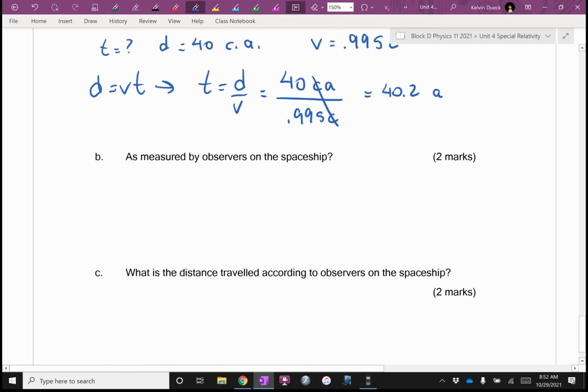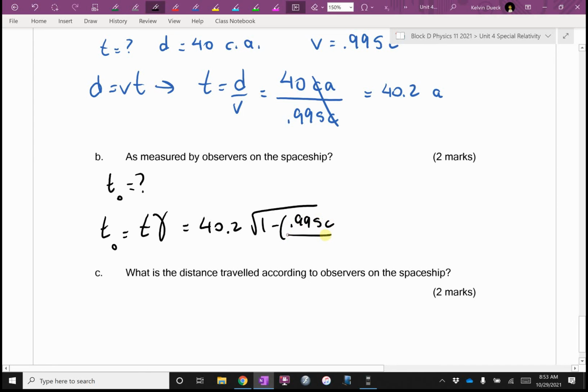So as measured by the observers on the spaceship, now I want to find time on board the spaceship. Time on board the spaceship is going to be time times the square root function. I'm going to write 40.2, but I'm going to use my answer button because it's sitting on my calculator, times the square root of 1 minus (0.995c over c) all squared.